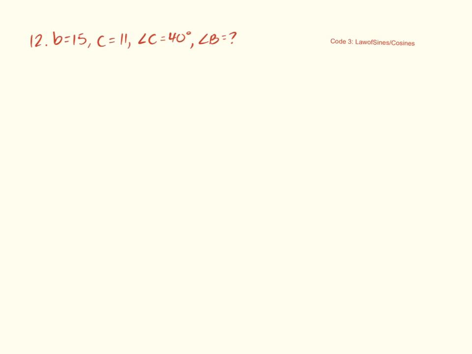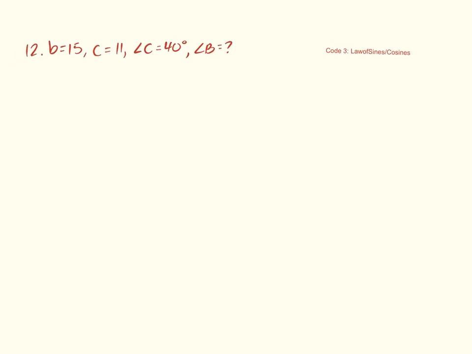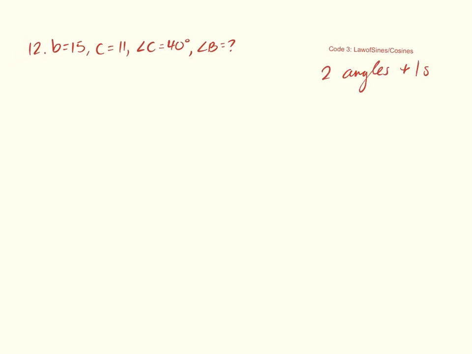Lastly, we're going to look at 12, where we are given two sides and an angle. If you notice in the previous examples, we were given two angles and one side. In this case, we're given two sides and one angle. What's tricky about this type of problem is that when you're given two sides and one angle, there is the opportunity to have more than one answer.